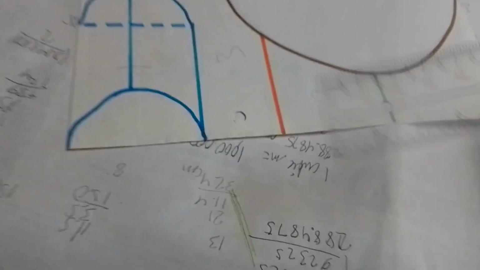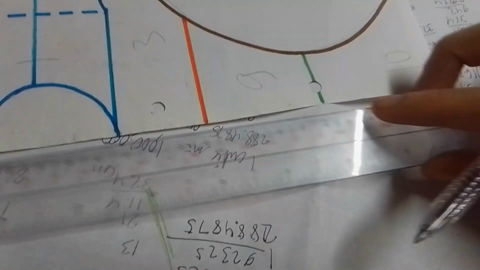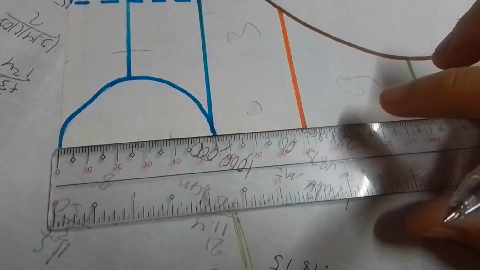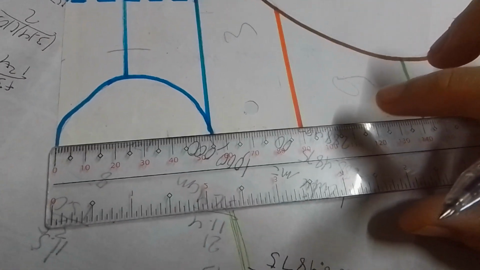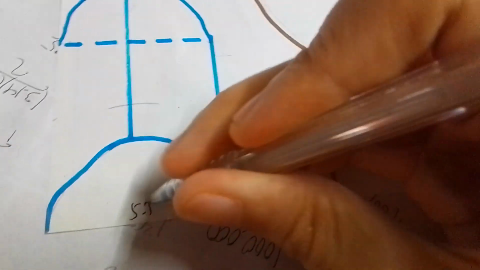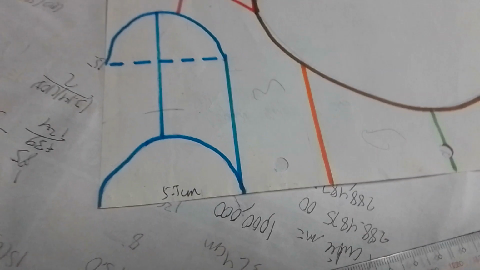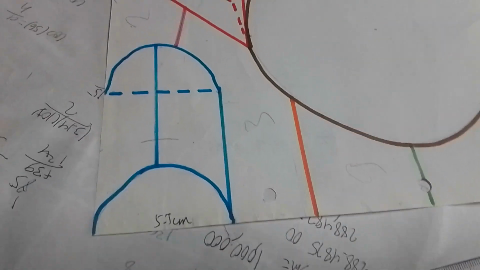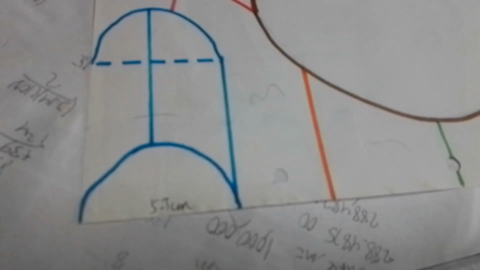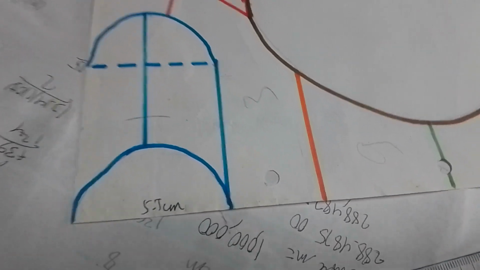Look at this. Let's measure everything that we have. So starting off with this one, align your base ruler. Yes, our radius is 5. Diameter is 5.5 cm, right? So, if our diameter is 5.5 cm, therefore, our radius should be 2.75.